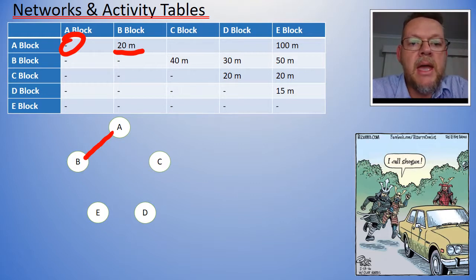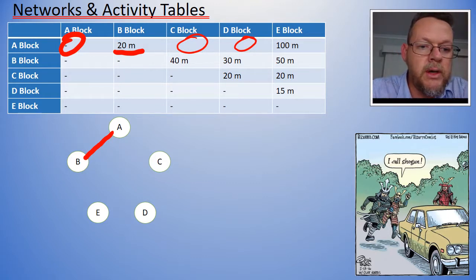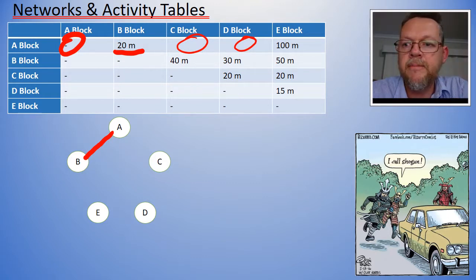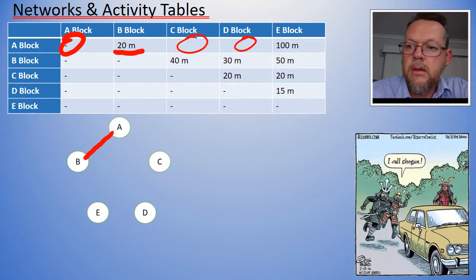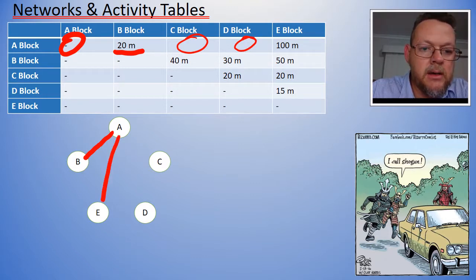Now, can I go from A to C block? No, there's no path from A to C block. Can I go from A to D block? No, I cannot. But I can now go from A to E block. So I can draw in a path from A to E and write in a distance. Let's draw that in again.